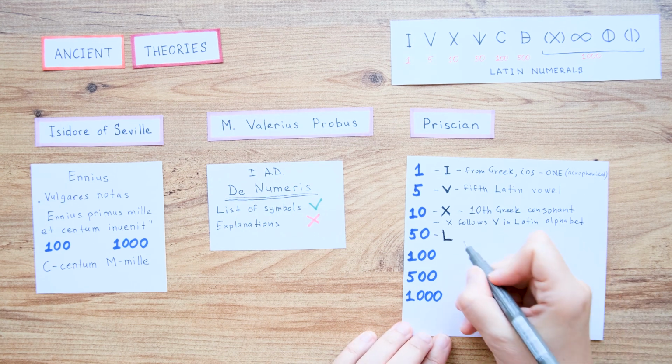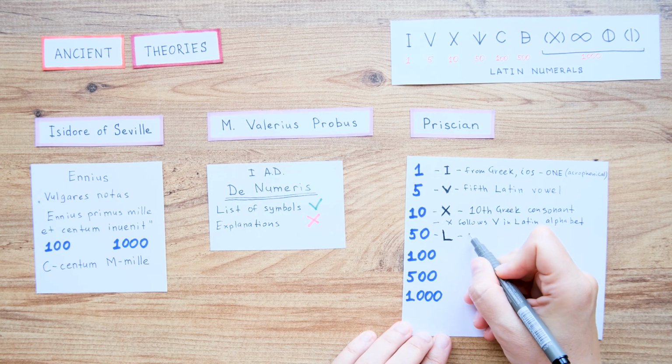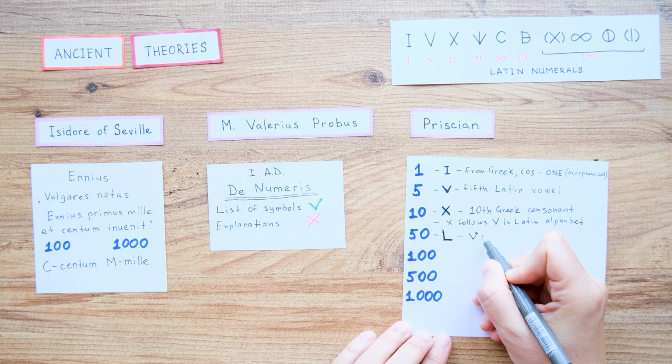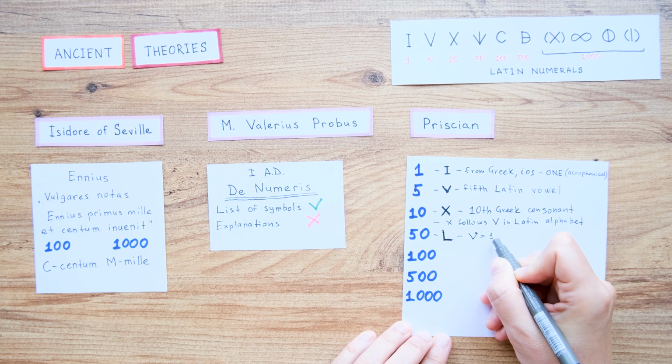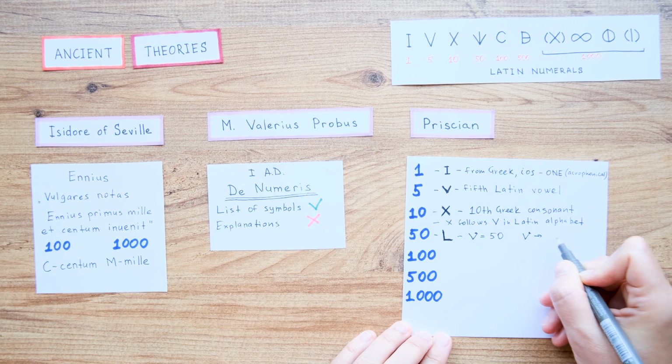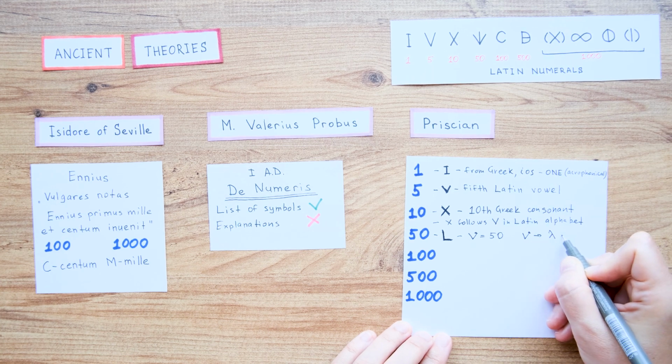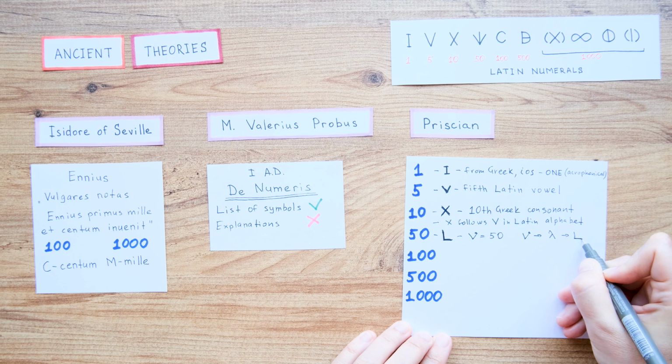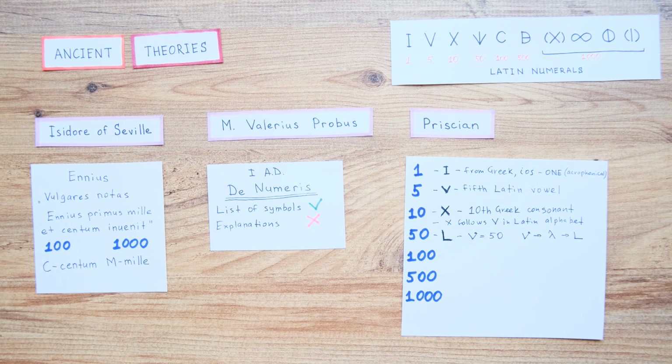Then L for 50. Priscian says that L is 50 because nu is the 50 in the Greek alphabetic system, and that itself is true. And nu becomes lambda in some Latin words, and lambda turns into the L. And this is an extremely tricky way of explanation.